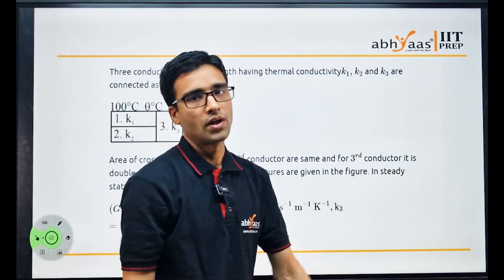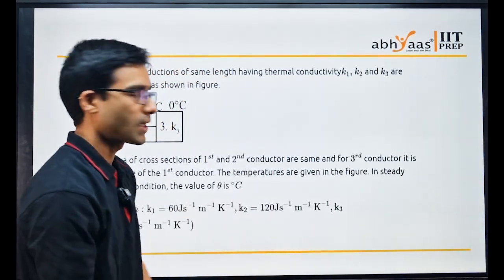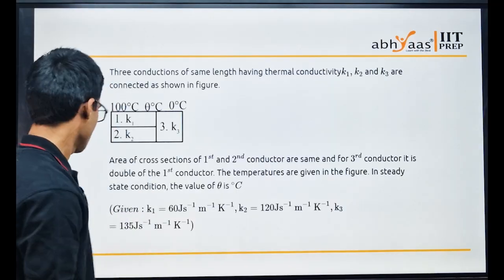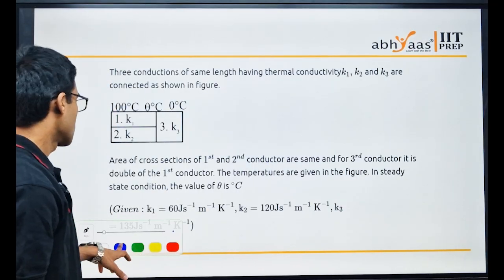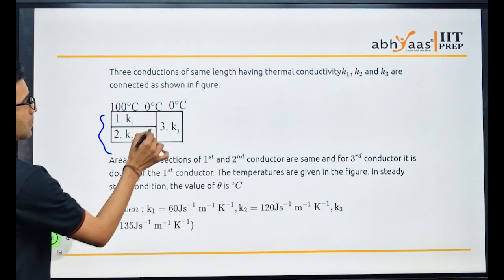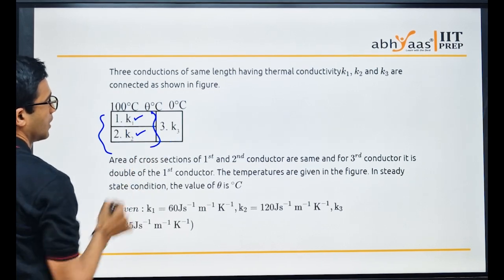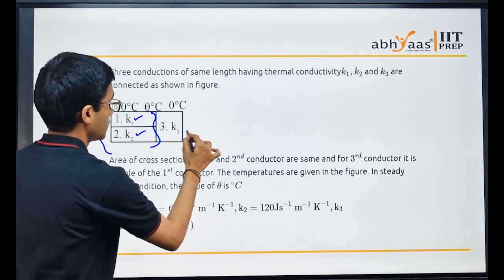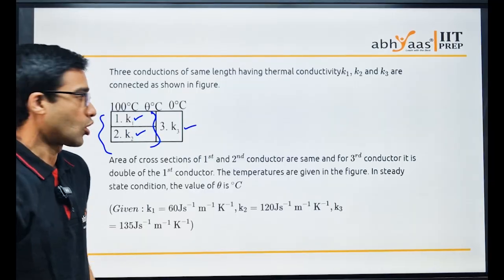The next question is also related to thermal conductivity combination. Here two conductors are there, having thermal conductivity K1, K2, and a third one. K1, K2 are in parallel combination.